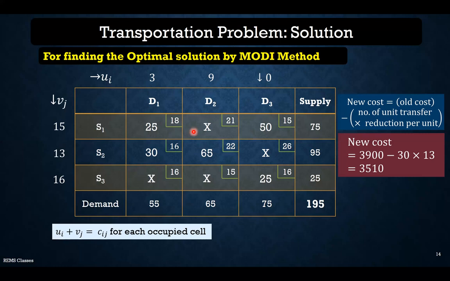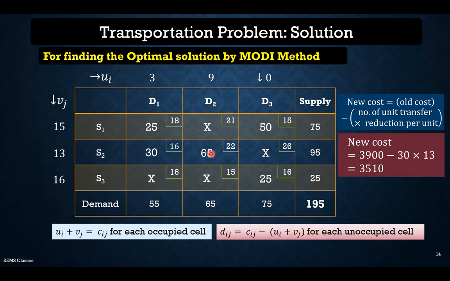Next, we will find the values of opportunity cost, that is Dij, for each unoccupied cell. We have 4 unoccupied cells, this cell, this and this cell. So we are going to find the values of Dij for the unoccupied cells. How are we going to find this? If we are talking about this cell, the value of Dij for this cell is 21 minus the sum of these two.